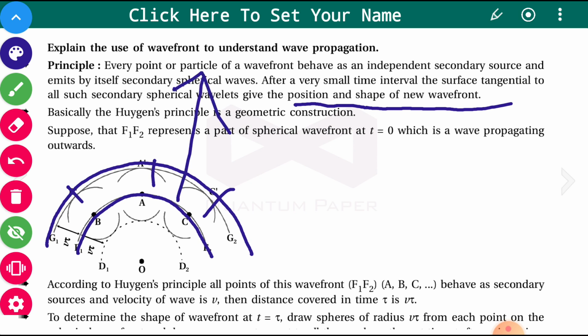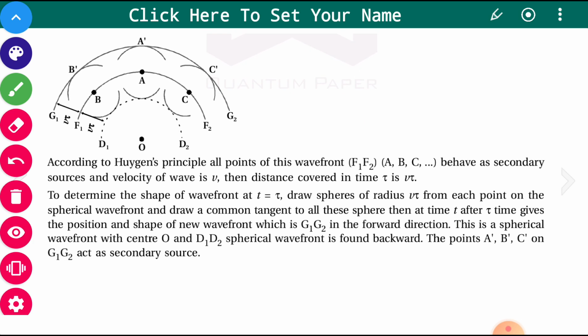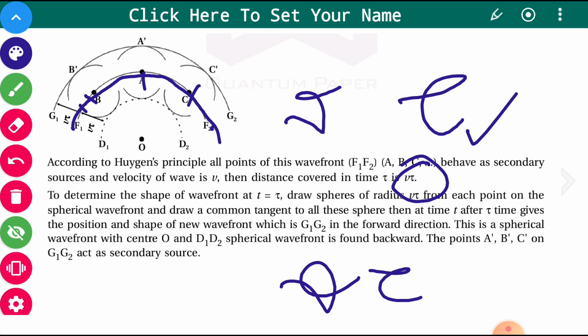Now, according to this principle, all points of this wavefront F1, F2, say the points A, B, C, D, will behave as secondary sources, and the velocity of the wave is, say, v. Then the distance covered by this wave in a time interval tau will be v times tau, because distance is velocity multiplied by time. So if you take the time as tau, then v tau will be the distance covered.